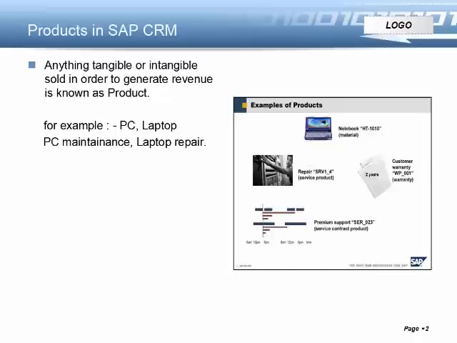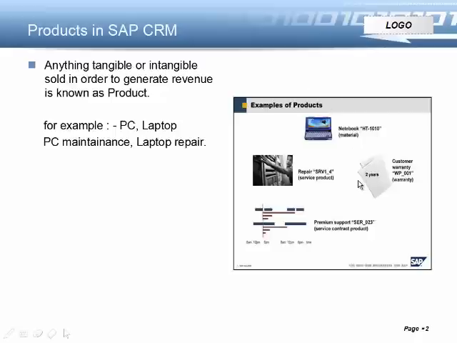It's a service product. In this picture a person is repairing something. He may be a technician or someone who is repairing something, and it's a service product. This sort of repair is known as a service product, and it is an intangible product. And in another picture, the third one, customer warranty is shown, 2 years warranty we are selling, so it is also an intangible product, and this is also an example of product.